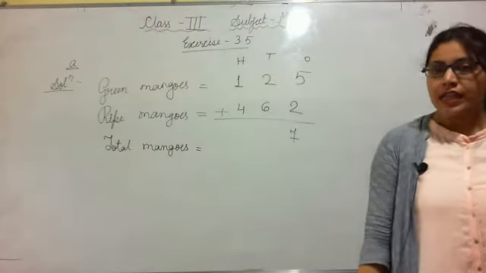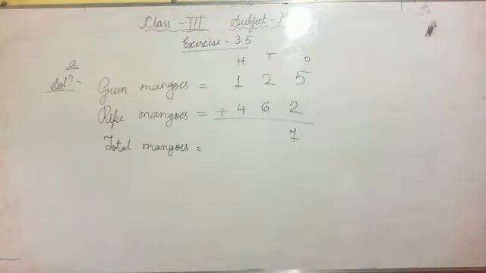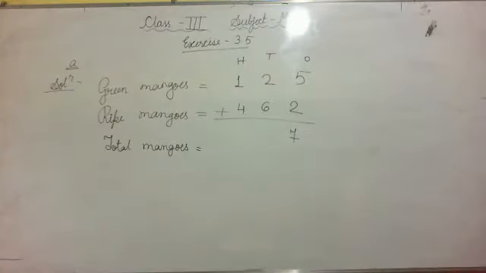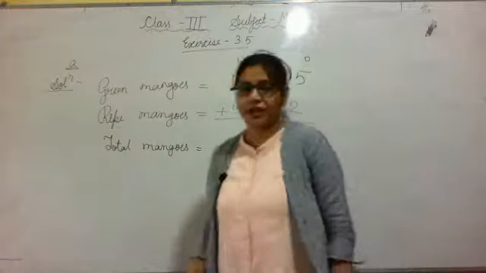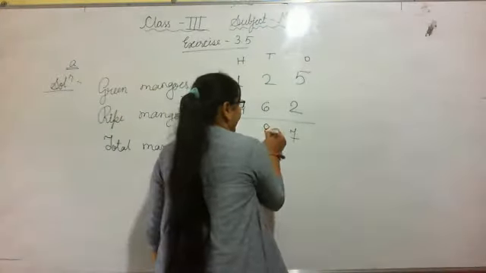Now count the total number of fingers, 2 and 6 together. How many fingers? Very good, 8 fingers. So we will write the number 8.